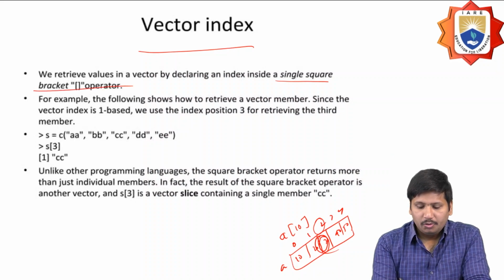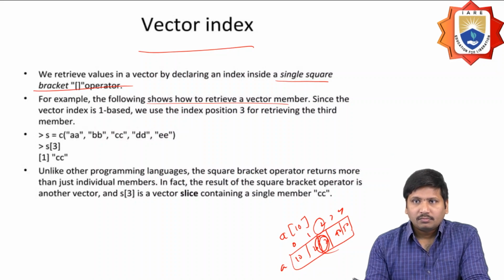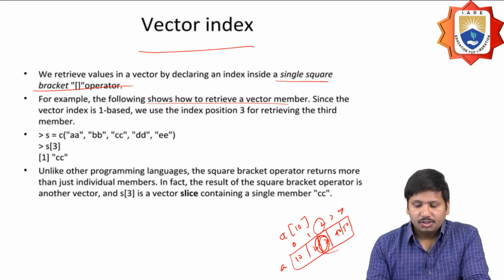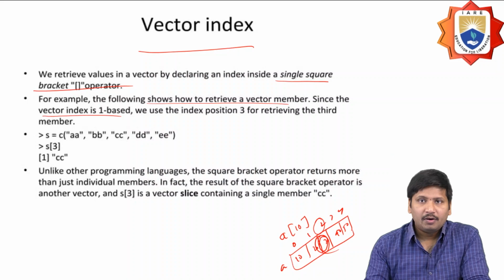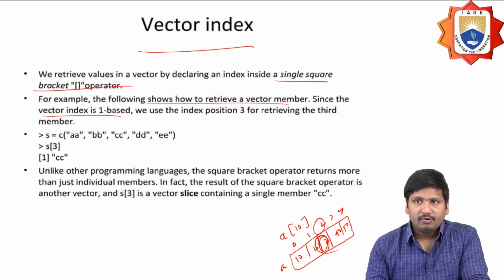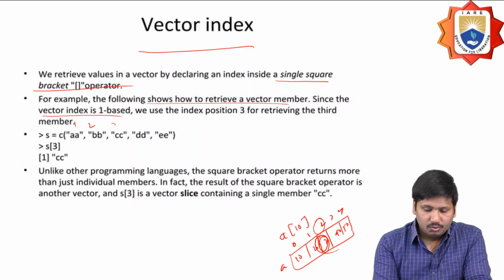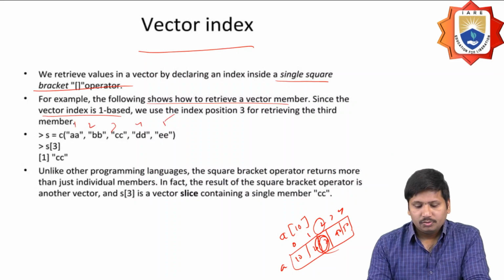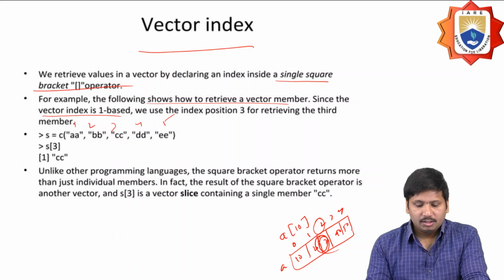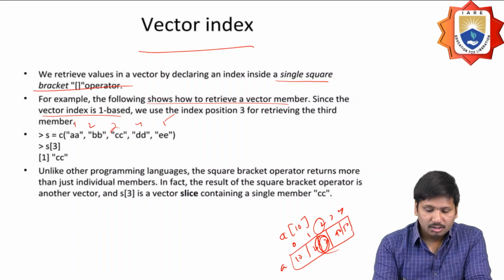How can I retrieve a vector element here? Suppose I have a vector with the elements 1, 2, 3, 4, 5. Suppose I want to access this value.